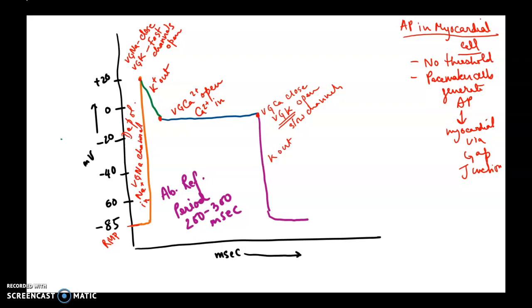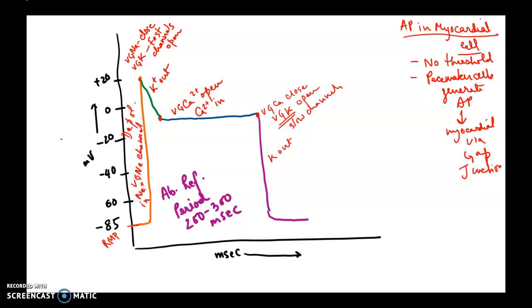And this plateau runs for about 200 to 300 milliseconds, after which the voltage-gated calcium channels close and some slow voltage-gated potassium channels open up, causing movement of potassium out of the cell. As potassium moves out, we lose positivity and the membrane potential comes down to the resting membrane potential of negative 85 millivolts.